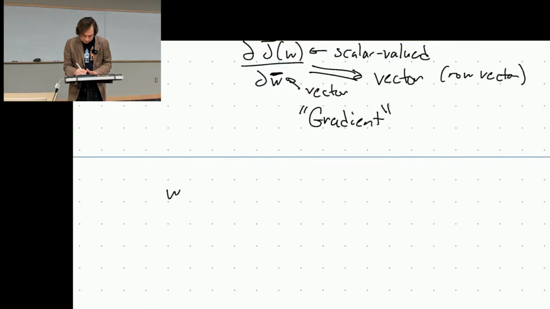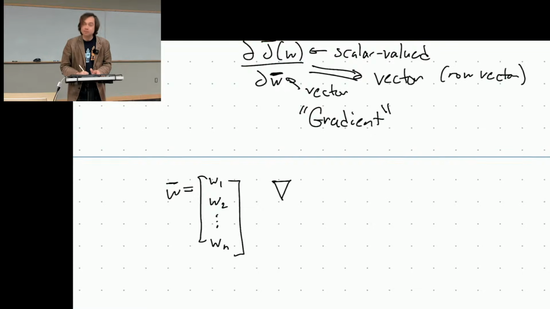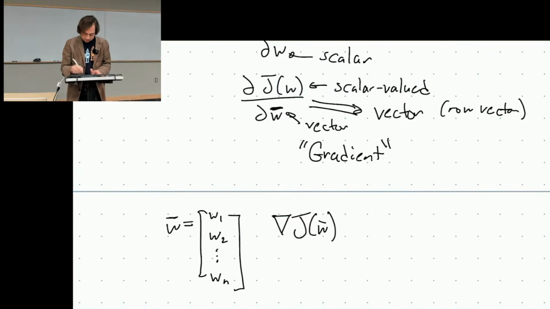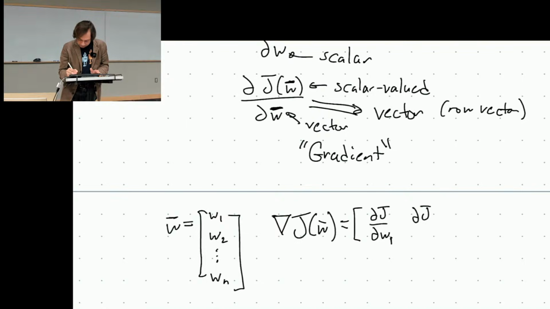So if w is a vector with w1, w2 up through wn, then the gradient, sometimes drawn with the upside down triangle, the gradient of J of w, and this will be a w here with a bar, is equal to a row vector with partial J partial w1, then partial J partial w2, up to partial J partial wn.